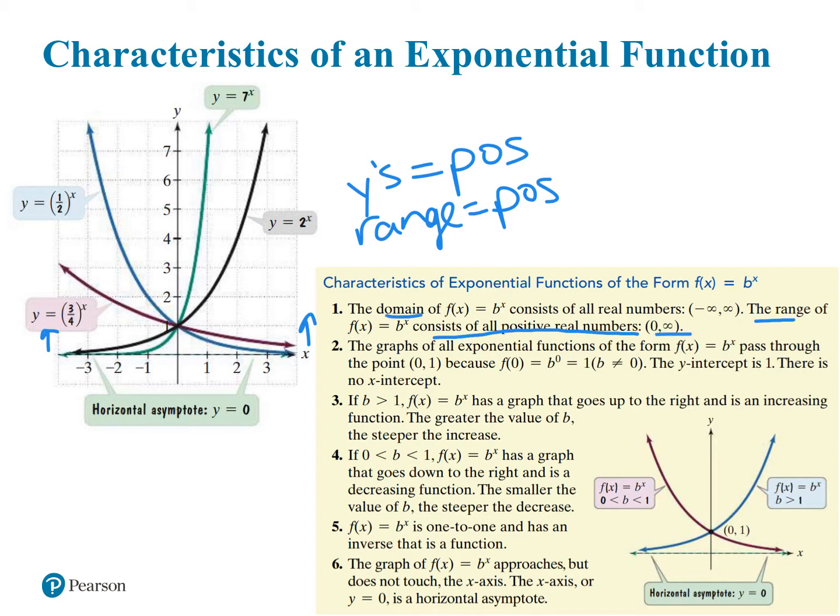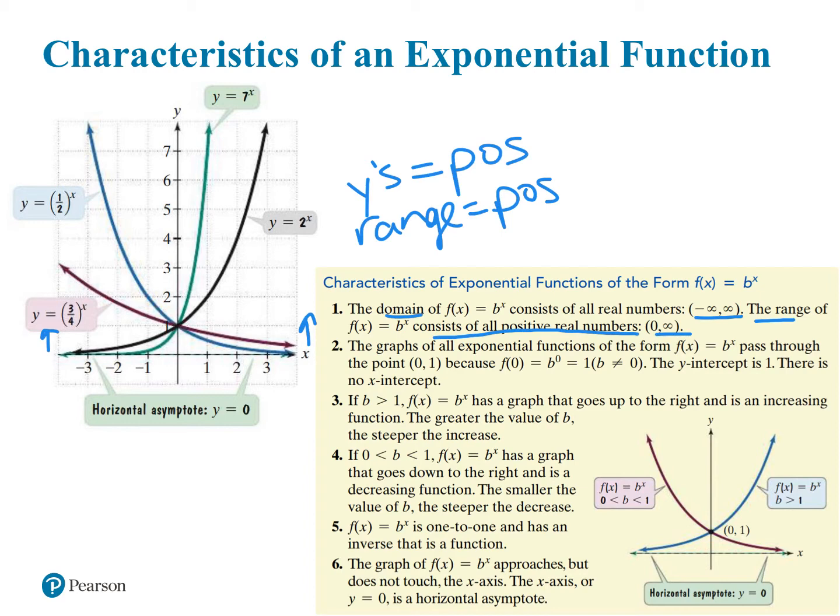So the domain, the x's, goes from negative infinity to positive infinity, but the range starts at 0. Now if we end up adding or subtracting some things on our equation, then this can change, but just with the regular form, without any numbers added or subtracted at the end, we have this as our domain and range.